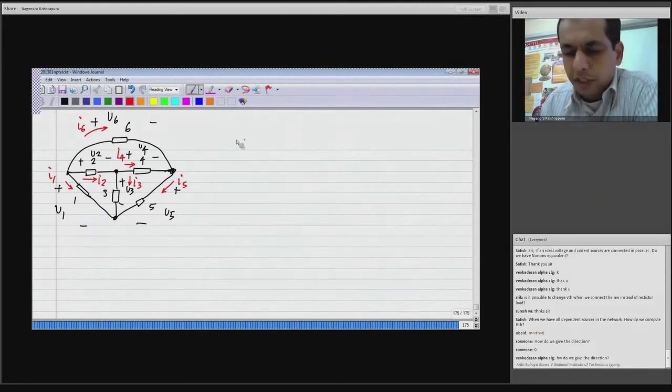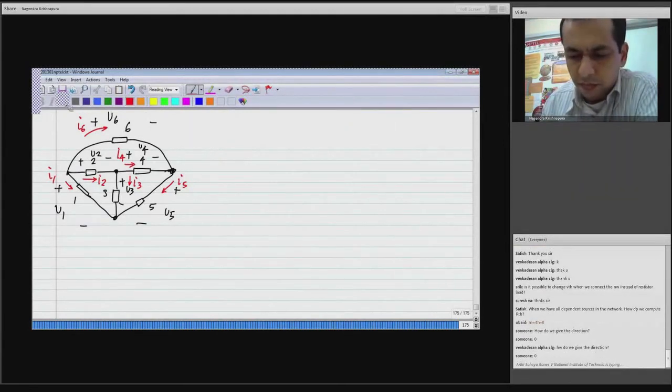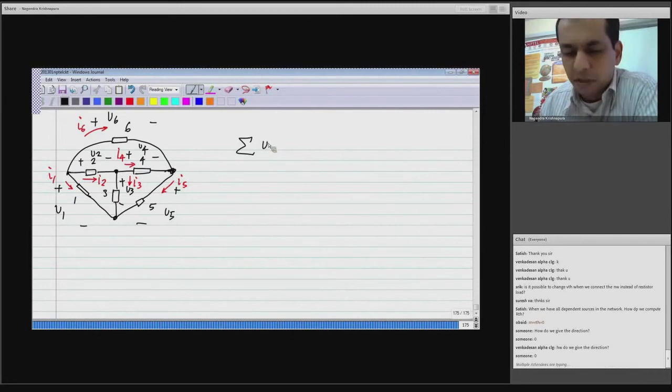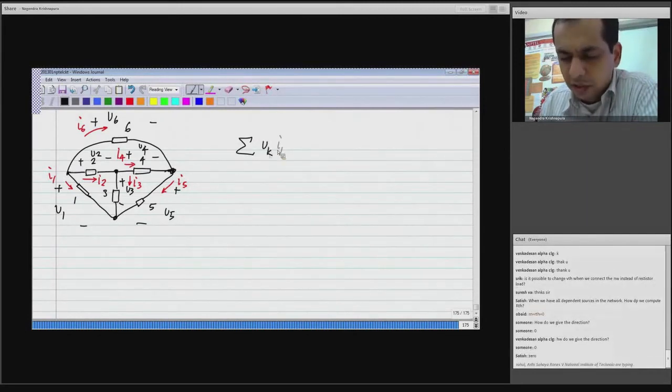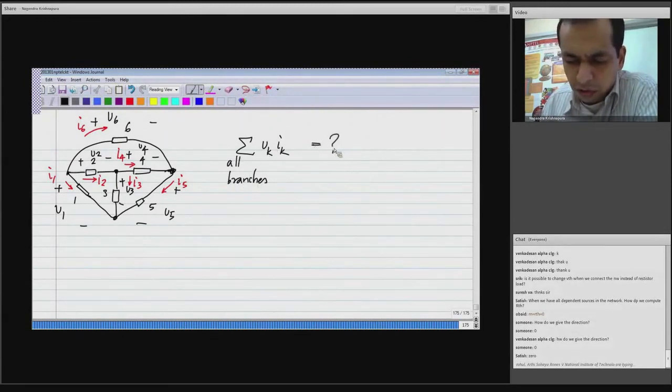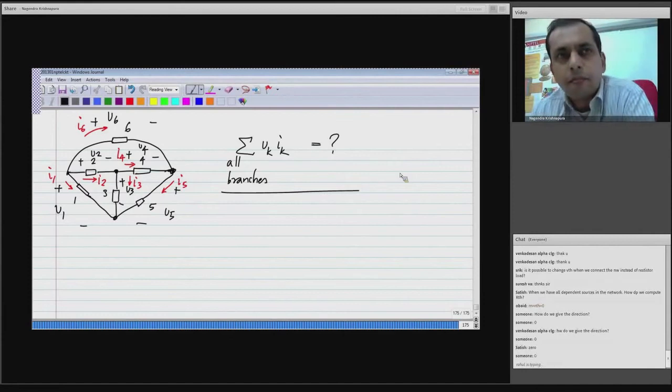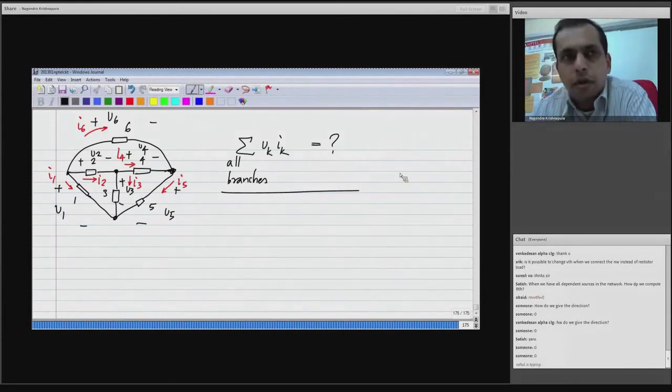So now let's say we compute the sum of power in all the elements, that is sum of Vk Ik over all branches. What do you think this is going to be? Please give me a guess.